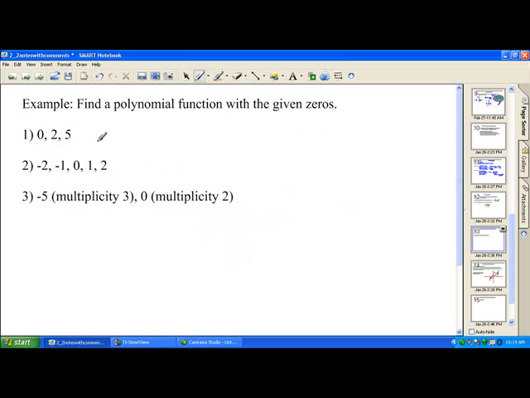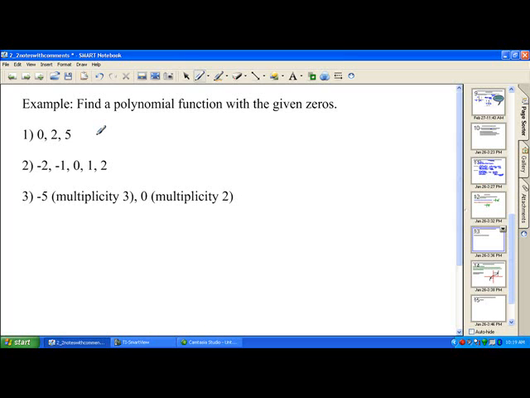So the last thing in this objective that I want to do, and we're going to actually put all this together in the next objective, but here is to find a polynomial function with the given zeros. So this is to make sure that you understand what it means to be a 0 and how that relates to the function. So the key thing here for you to think about is this, that if x equals a is a 0, then x minus a is a factor.